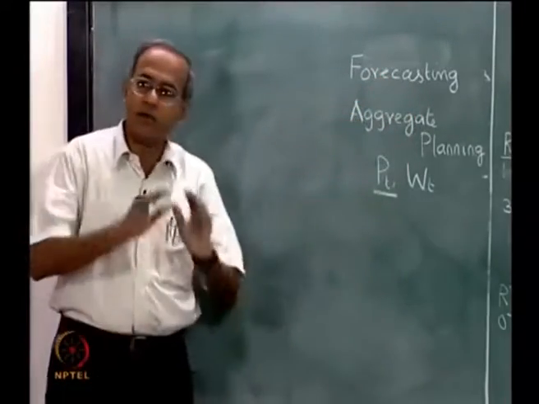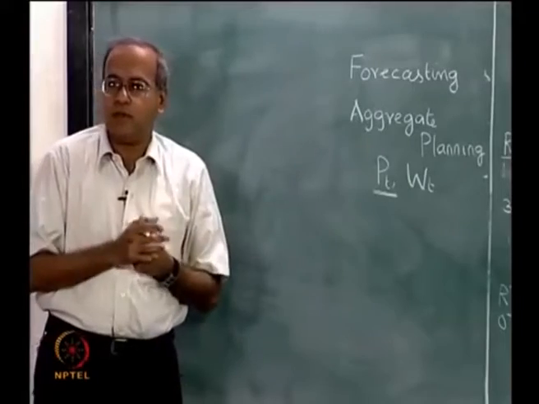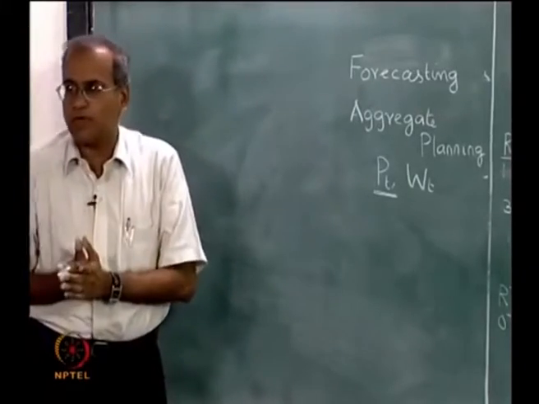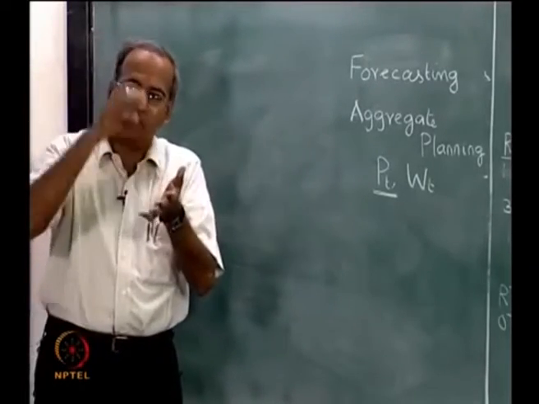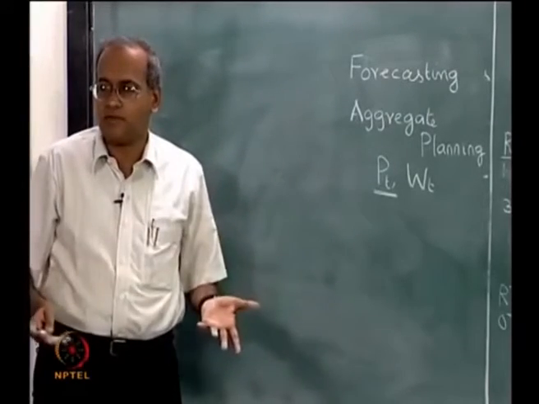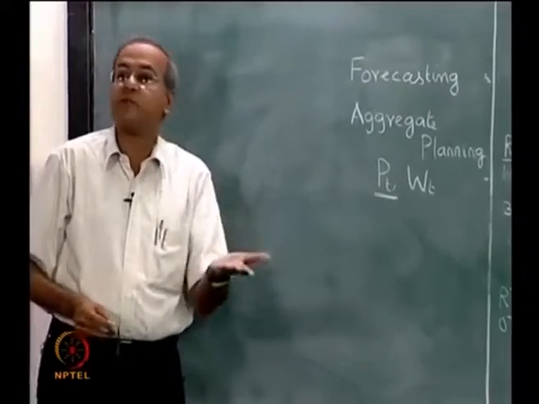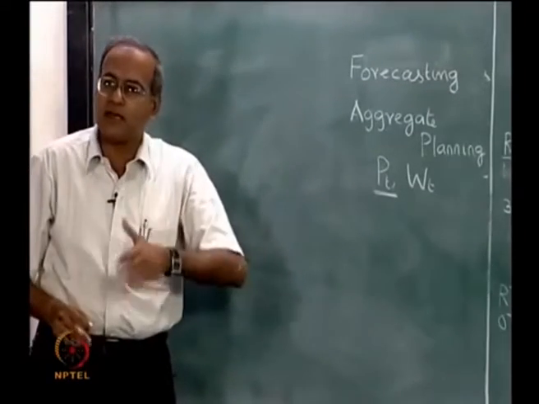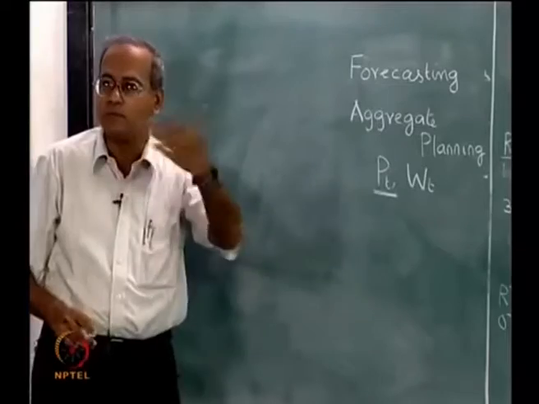And let us say we are going to use this many hours of regular time, this many hours of overtime. Now, how are we going to use these hours to produce the various products? Which product is going to be produced first? What is the order in which we produce these products?